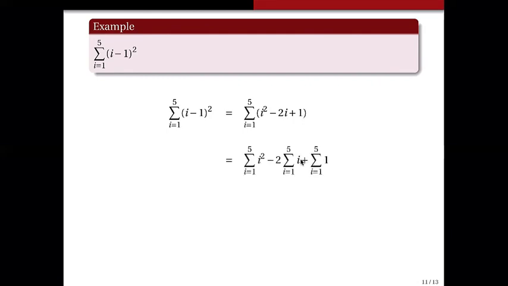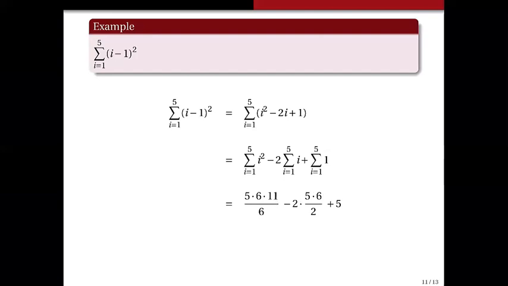Then you can separate. So, sum of i squared, i from 1 up to 5, minus 2 times the sum of i from 1 up to 5, plus the sum of 1, i from 1 up to 5. And then if we use our formulas, we will have this guy here.